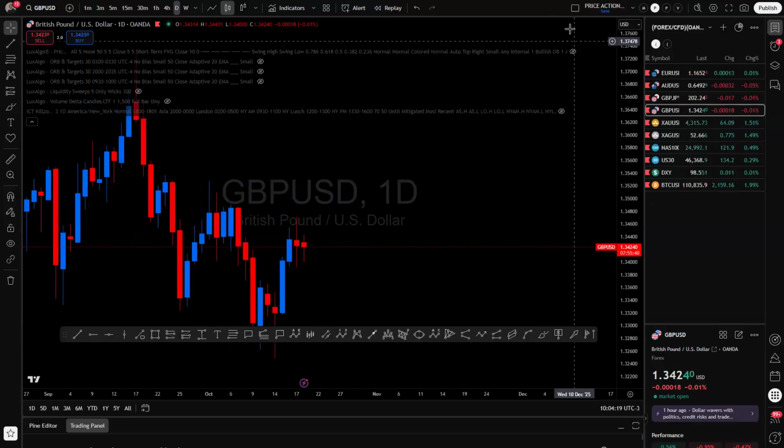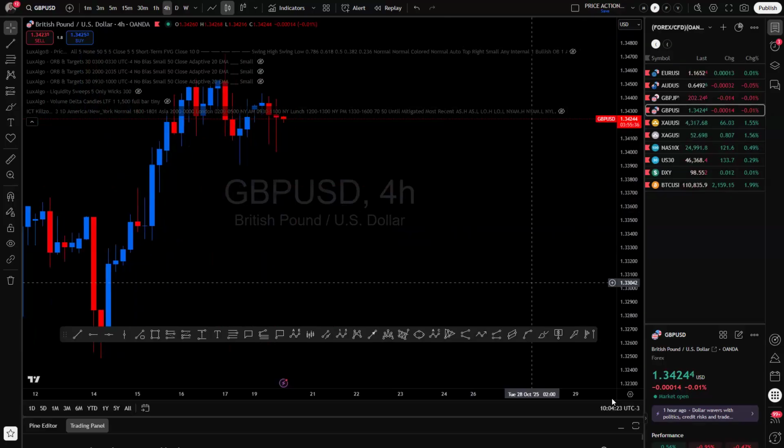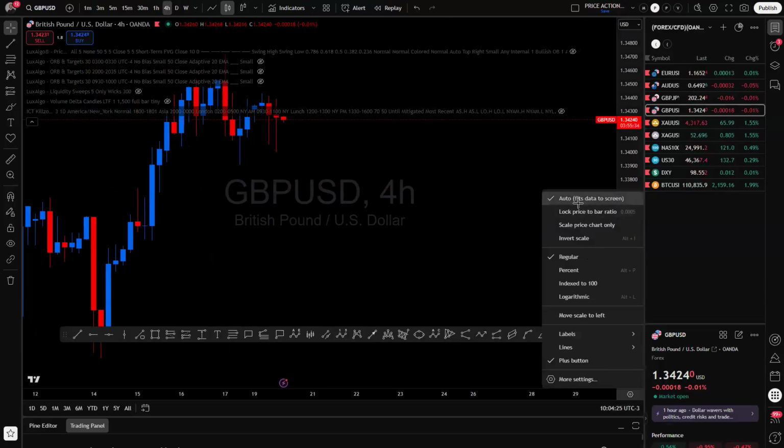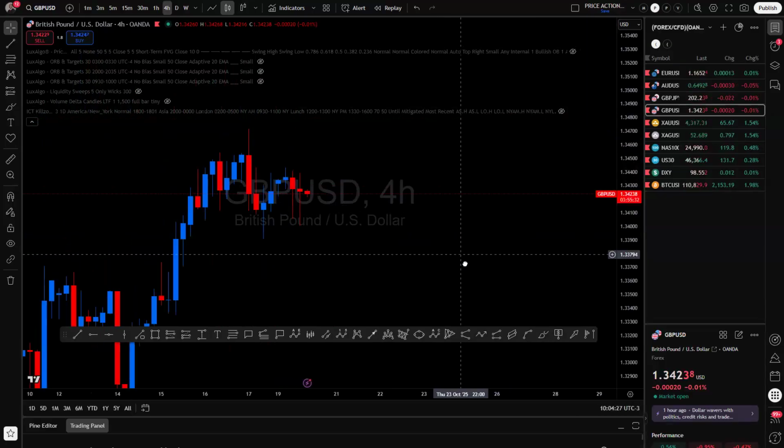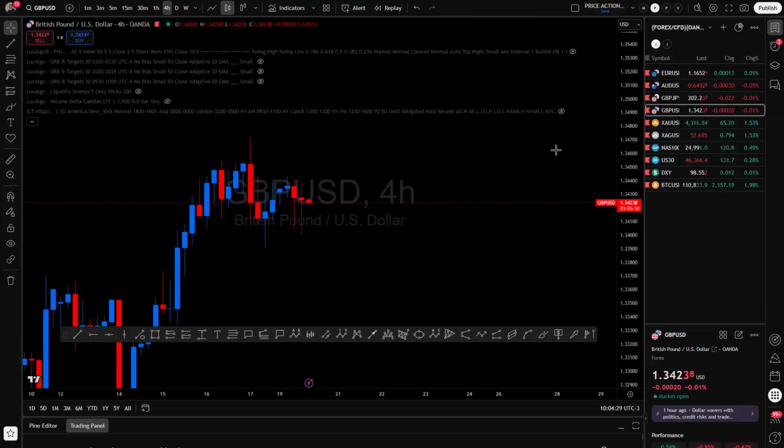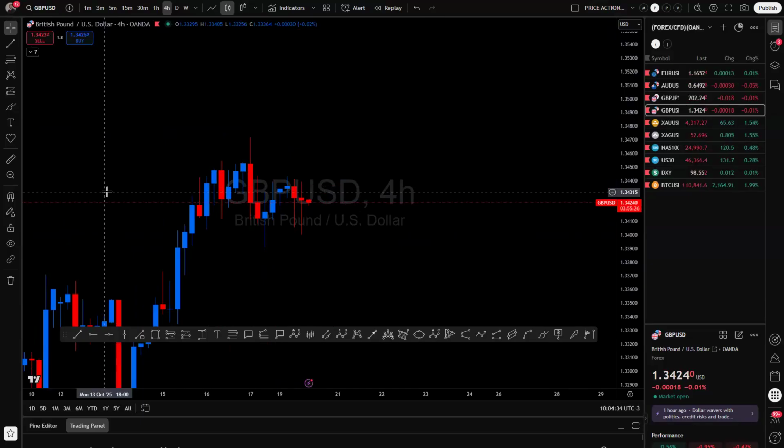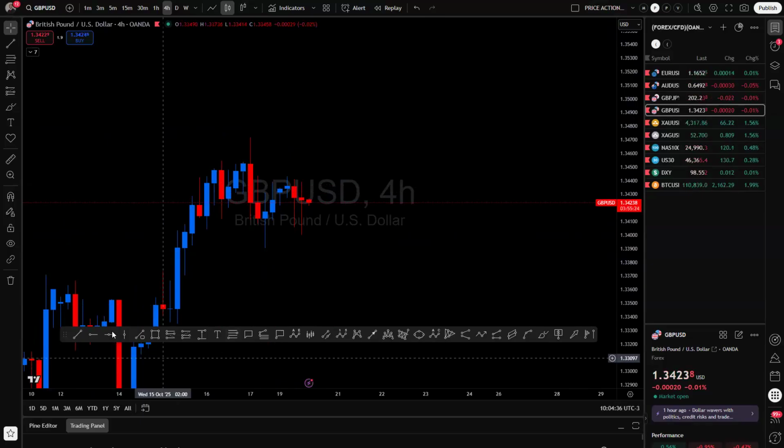Now what we're going to do is go to the 4-hour time frame, and mark up buy side and sell side liquidity, and then find areas of interest.